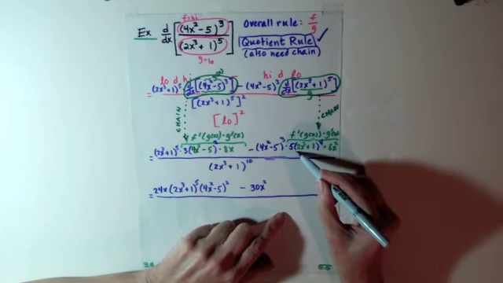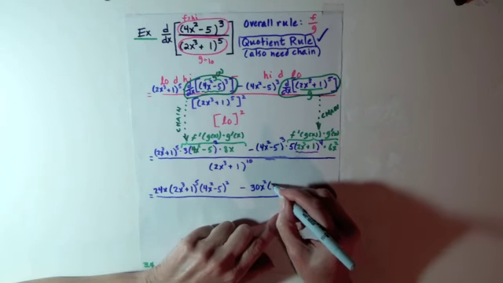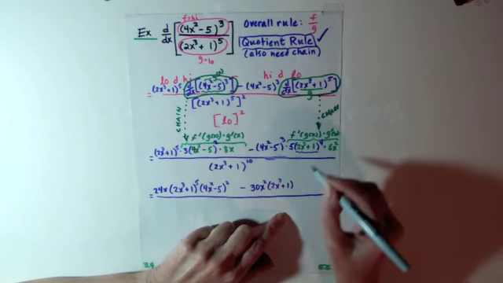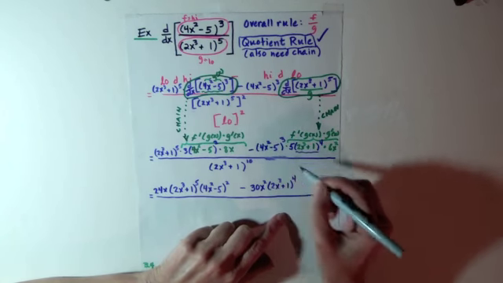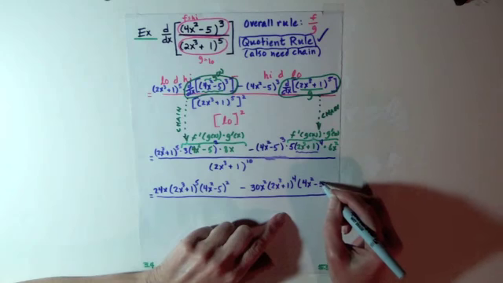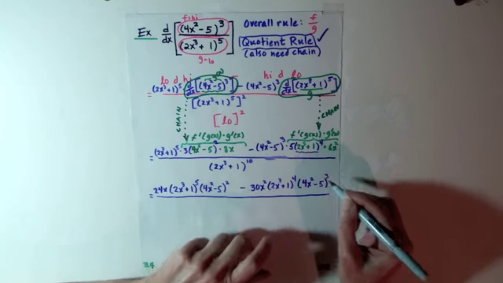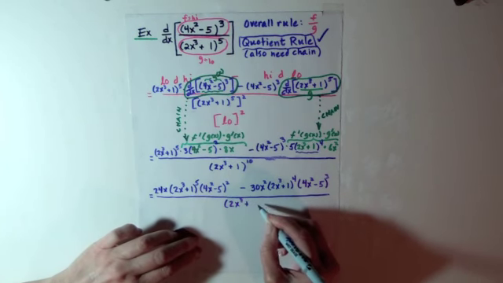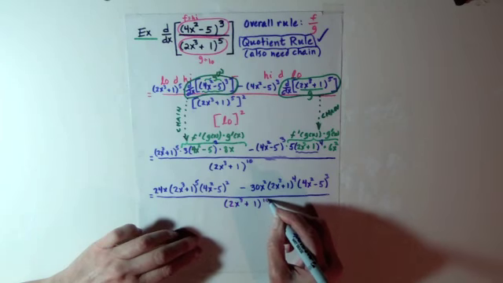So I'm going to pick up this factor next. That's the 2x cubed plus 1 raised to the 4th power. And then I have a 4x squared minus 5 raised to the 3rd power, and the whole thing is divided by 2x cubed plus 1 to the 10th.